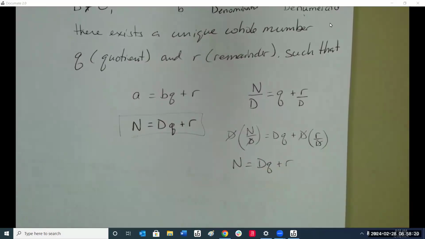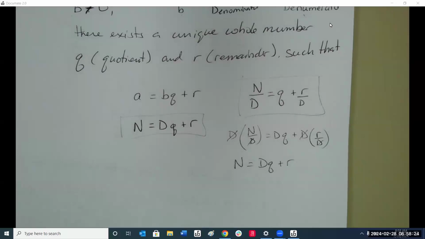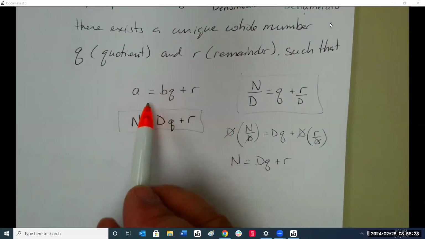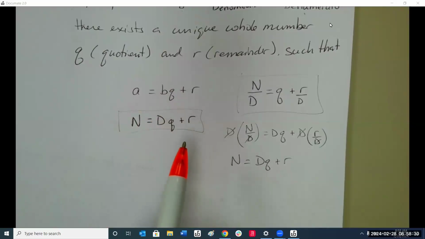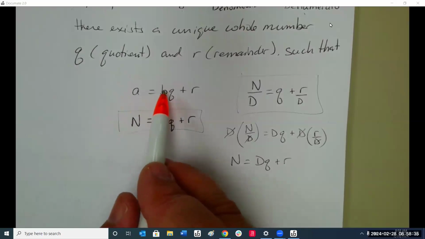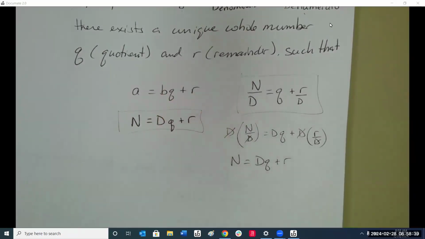So that's how that gets there. So this is how the standard algorithm looks. But what it's showing you is that if you have a true fraction, then the numerator should equal the denominator times the answer plus whatever the remainder is.